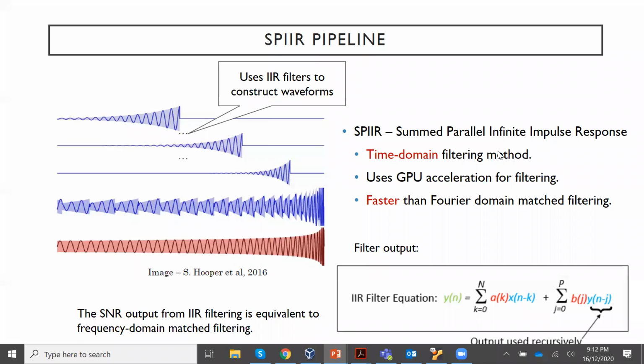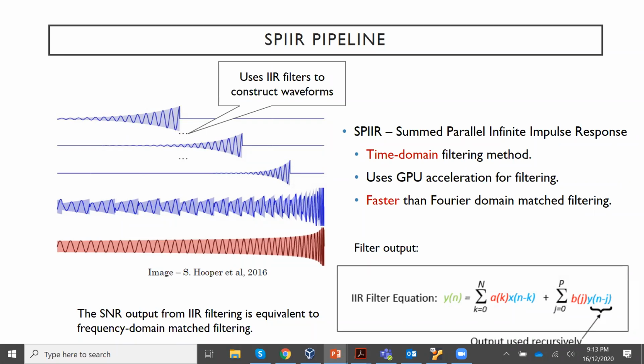There are many GPU threads, and each of these GPU threads will have a certain IIR filter, which corresponds to a particular segment of the gravitational waveform. The responses of these IIR filters are summed together in a coherent manner to get the waveform that we are trying to discover from the noise, from the data.